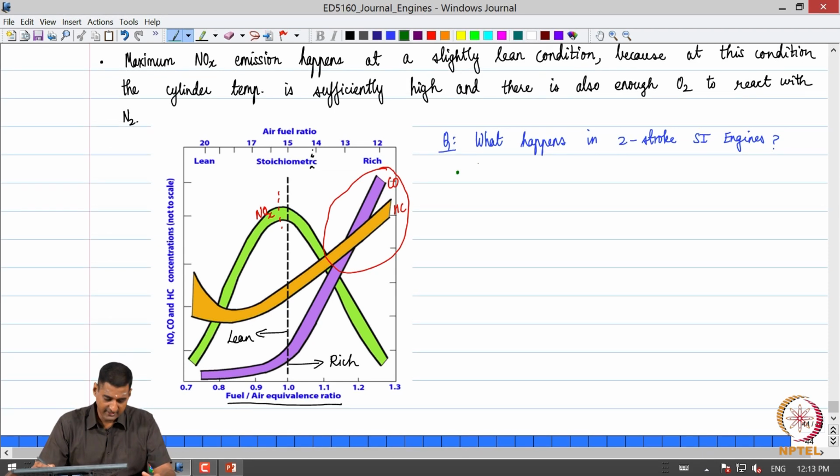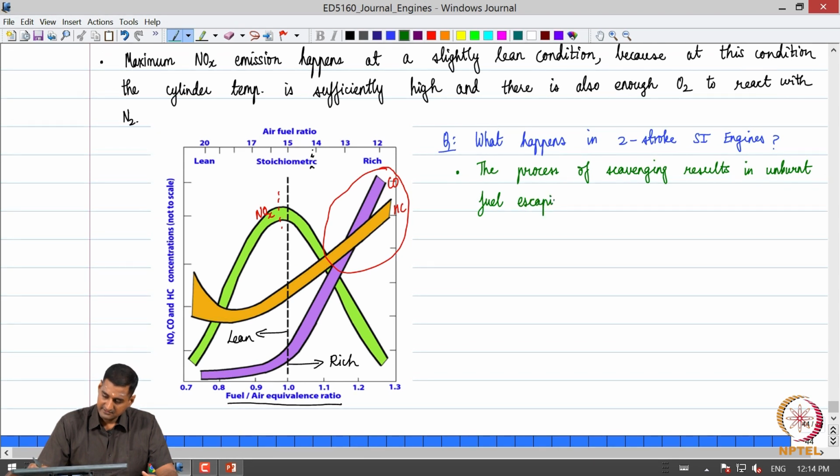So, in a 2-stroke engine, the process of scavenging results in unburned fuel escaping with the exhaust. Okay. So, that is what happens in a 2-stroke engine.